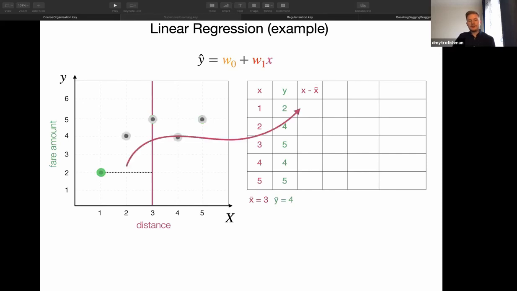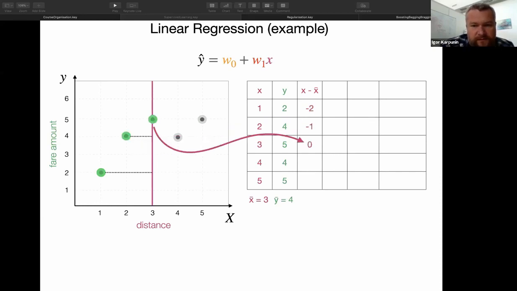Right, so we will look for x minus x mean. Igor, what's the value in this very specific spot in the table? We know x and we know x mean. So the values are -2, -1, 0, +1, and +2.